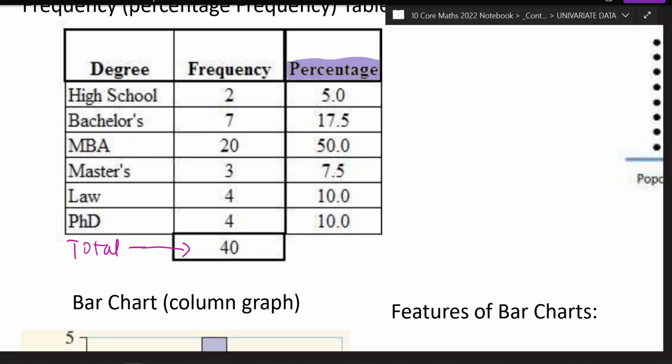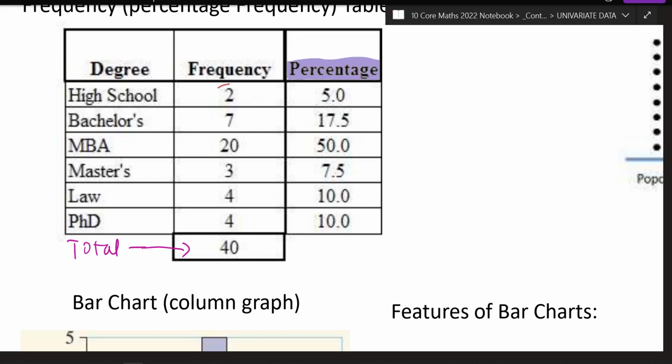So when we talk about percentage, what we're saying is 2 people in high school out of 40, what is that as a percentage? So to get the percentage for all these numbers, it's basically the frequency for that divided by the total.